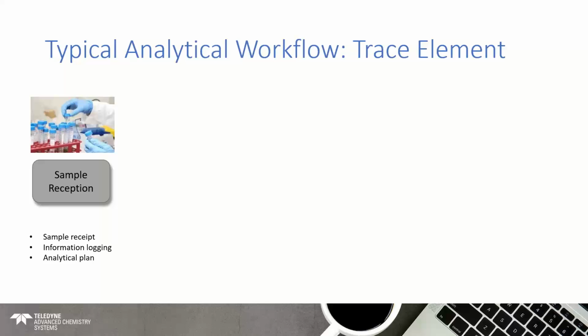Regardless, those samples are accompanied by information, data on themselves. That information will then need logging, and then the analytical chemists, the lab staff, will put together their analytical plan to take this forward. So, sample reception and your analytical plan.